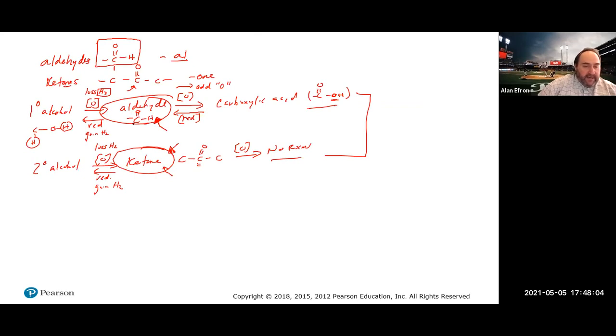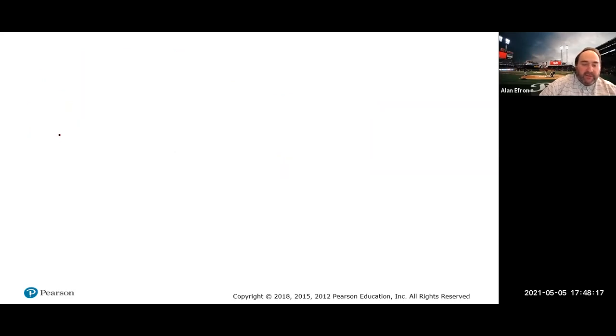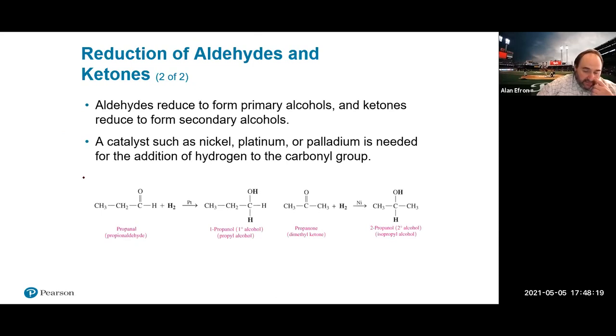And that's what we were just talking about right here, heading back to the left. Again, breaking that double bond, making a single bond, adding a hydrogen to the oxygen, adding a hydrogen to the carbon. And it's basically the exact reverse reaction of what we did. And that's what we see here. Here's our aldehyde. It is this part of the molecule that is going to change.